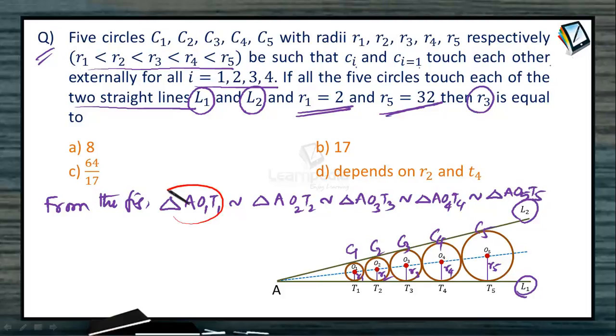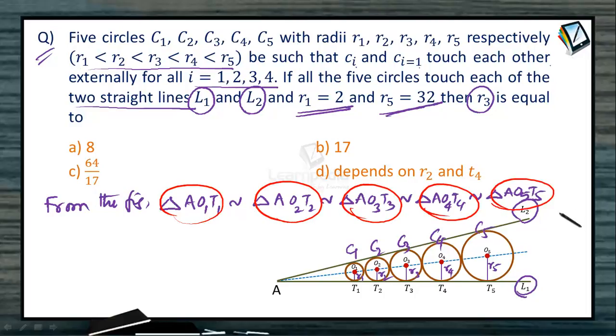In fact all these triangles are similar. In similar triangles the ratio of the corresponding sides are equal. So therefore R1 by R2 must be equal to R2 by R3, equal to R3 by R4, equal to R4 by R5, equal to some ratio.